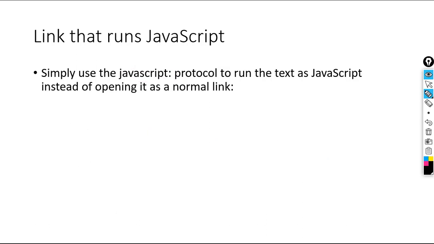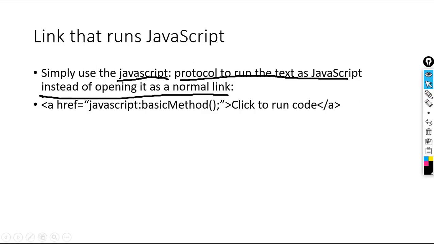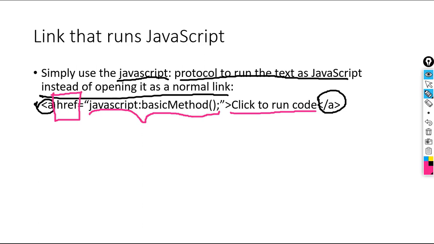Now, once we use the JavaScript protocol, the text will run as JavaScript code instead of opening as a normal link. Here is one example. Here we have the opening anchor tag and the closing anchor tag, and this is the name of the link. Here we have our mandatory attribute, href, and this is the value of the href attribute.